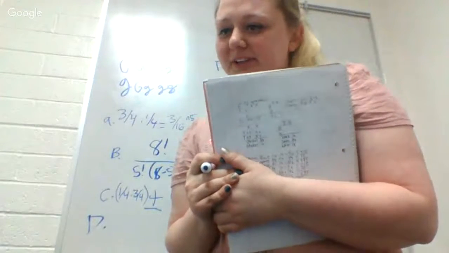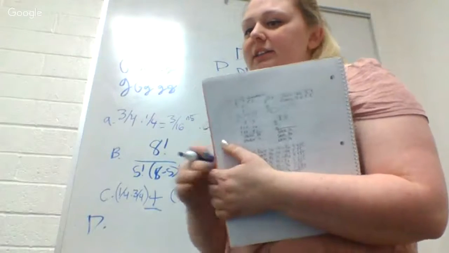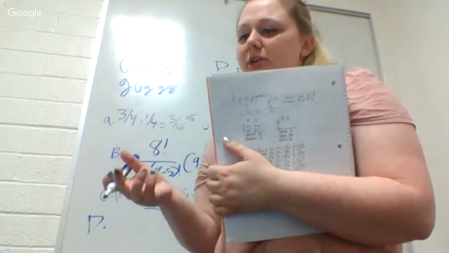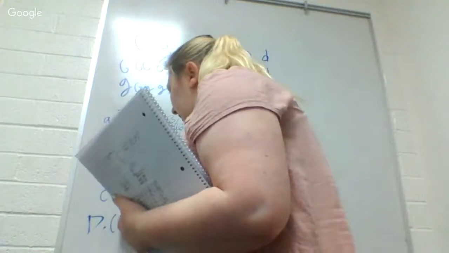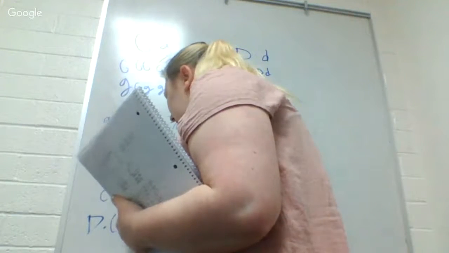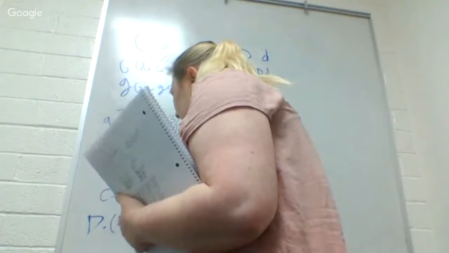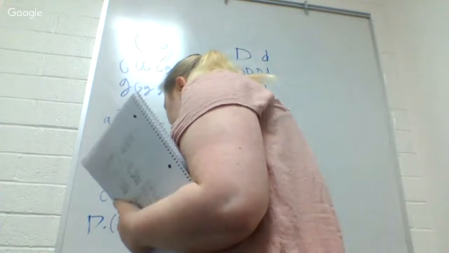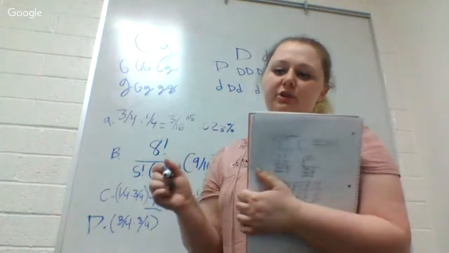So what is the probability of the first 4 offspring having a large grin and can disappear, and the next 4 offspring having small grins and cannot disappear? So for a large grin, we're going to get the 3 out of 4, and they can disappear, so that's another 3 out of 4. And for the question, it's asking us about the first 4 offspring.